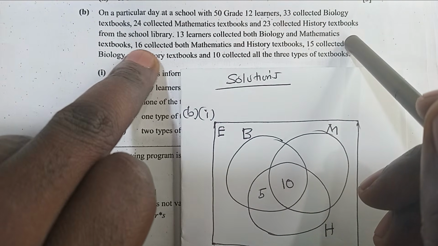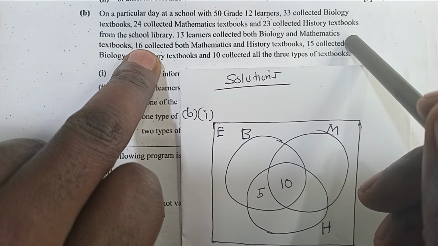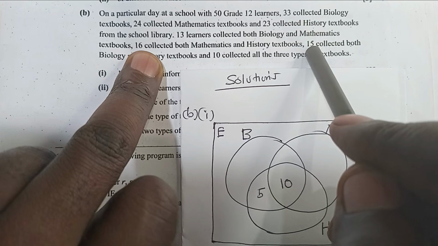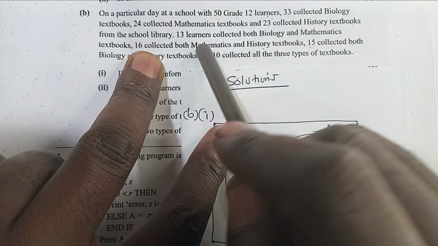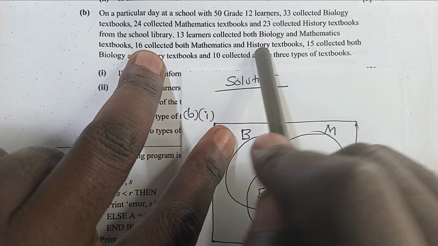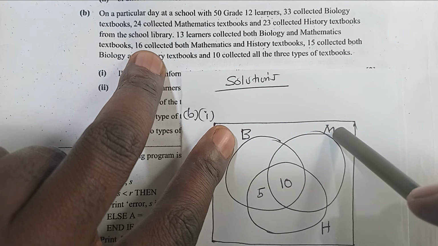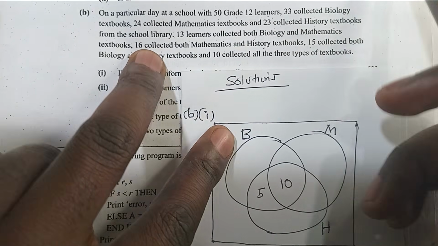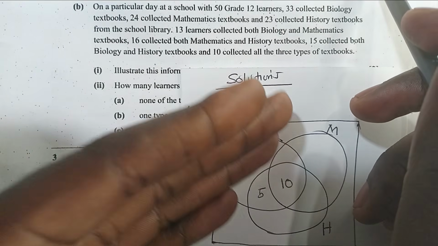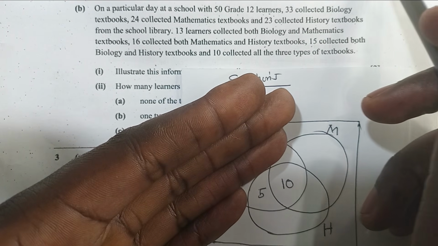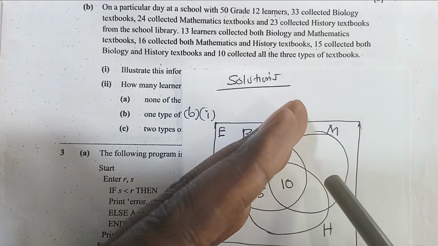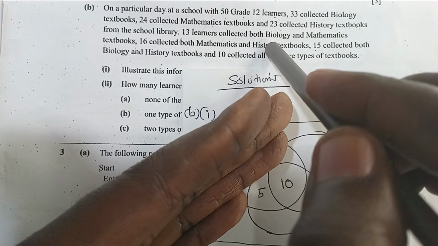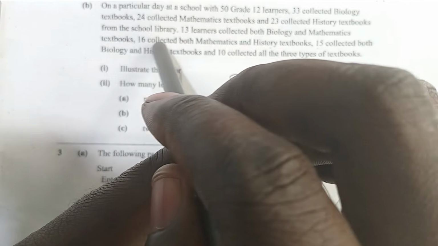We continue. The statement going up says 16 collected both mathematics and history textbooks. So we move to mathematics and history. Again, temporarily we can ignore the other parts of the Venn diagram for biology. We just consider mathematics and history. We are told 16 collected both.